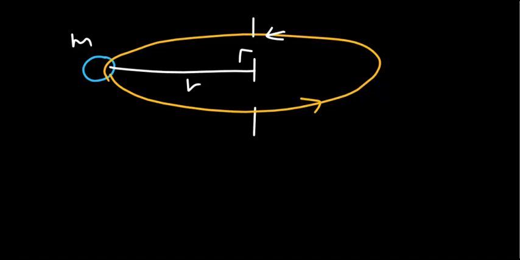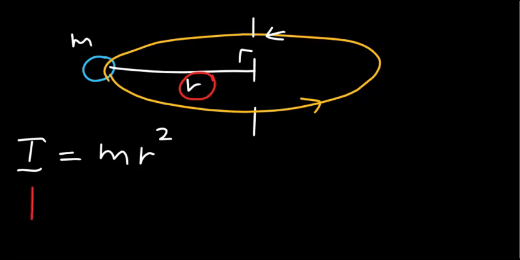In this case, the moment of inertia of this system is m times the square of that distance. Now you can clearly see by changing the value of r, namely the distance between the mass and the axis of rotation, the moment of inertia of that same system can be changed accordingly.